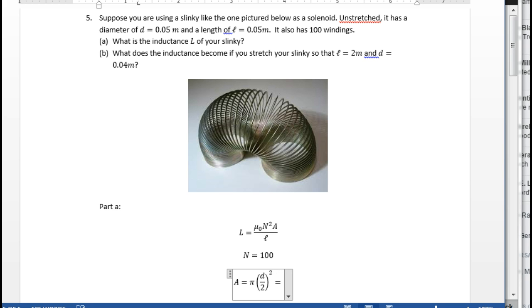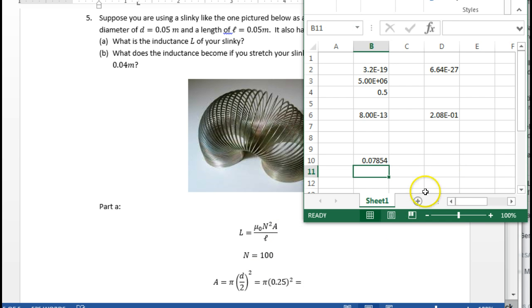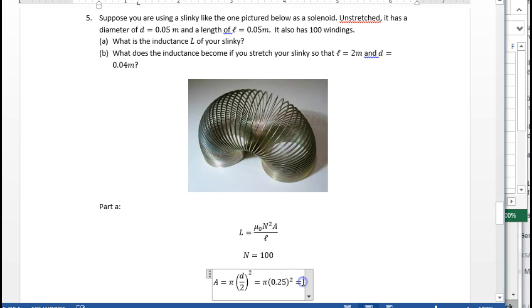Which is pi times 0.25 squared is, let's pull up, pi times 0.25 squared is 0.196 square meters, right?